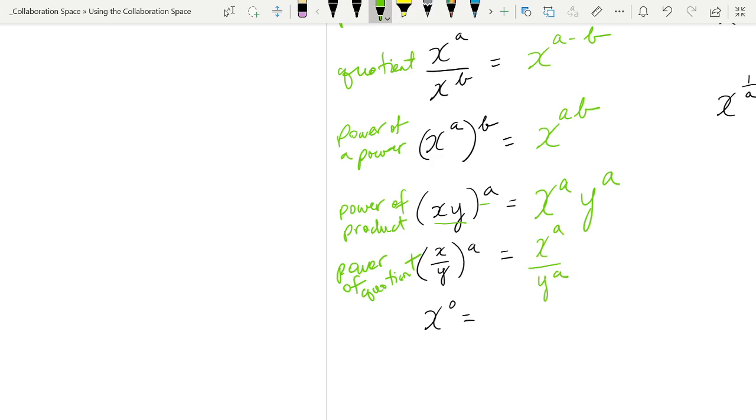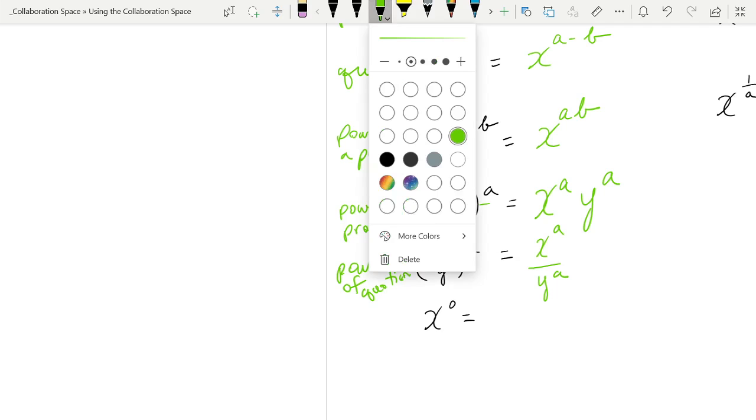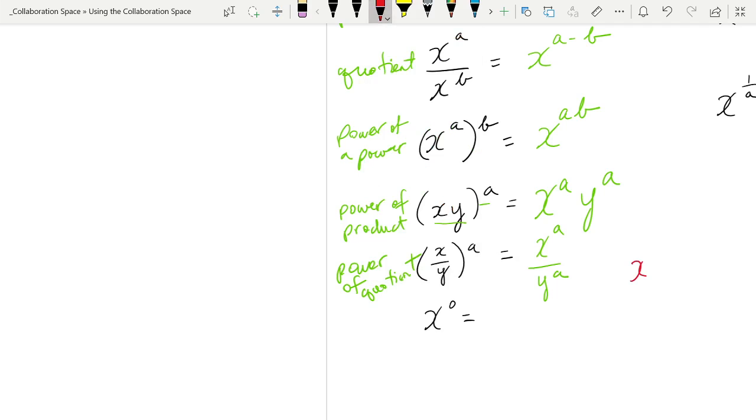There is no such thing as power of a sum or power of a difference. It would, in fact, be wrong to say this. Right? That is incorrect. It has to be a product or a quotient in here to distribute the power. It doesn't work for adds and subtracts. So let me get that up there.